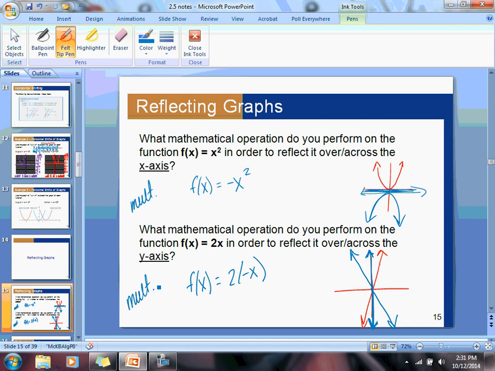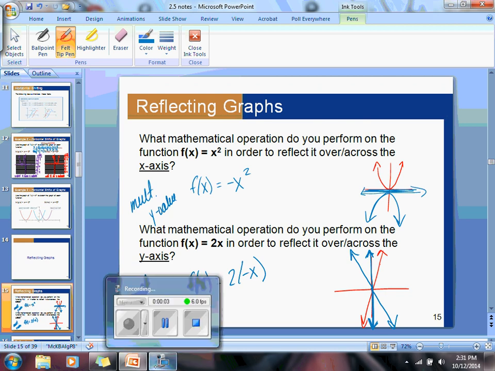And in the first one, when I'm dealing with the x-axis, I'm multiplying it to the y values. So again, it's kind of like an opposite concept. If you were trying to reflect over the x-axis, you multiply your y values by -1. If you're trying to reflect over the y-axis, you multiply your x values by a -1.